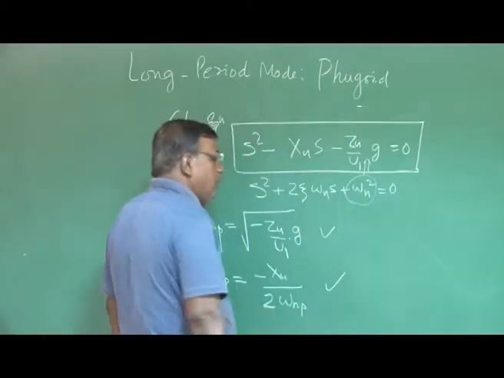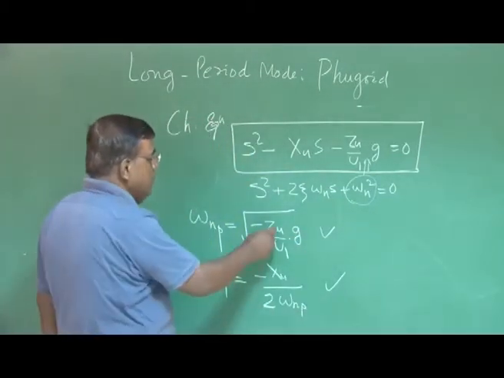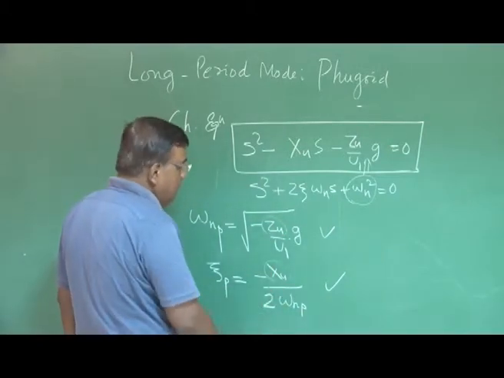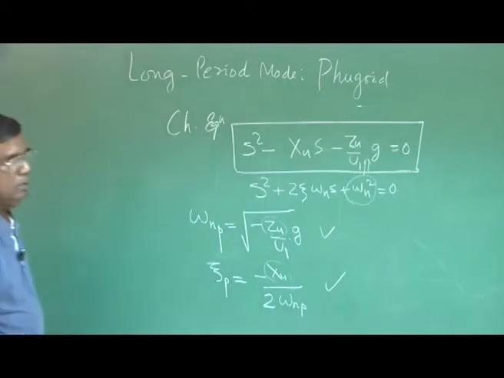And if I want to calculate for an airplane, I know the expression of Zu, I know the expression of Xu. I can easily find out natural frequency, I can easily find out damping ratio. Right? Okay.